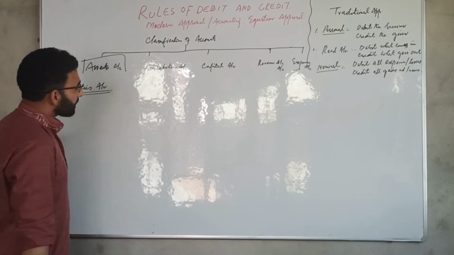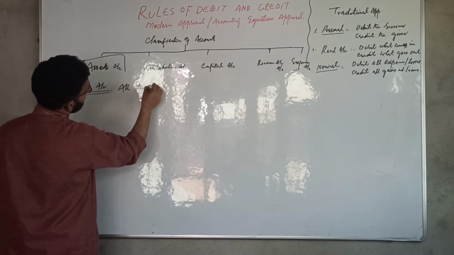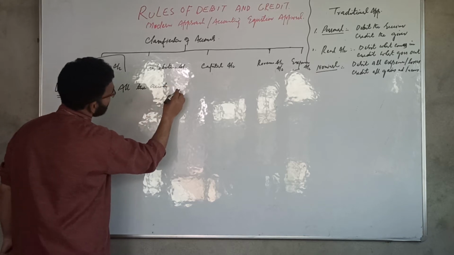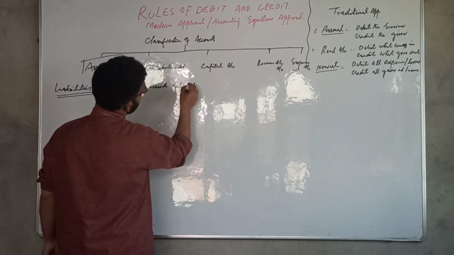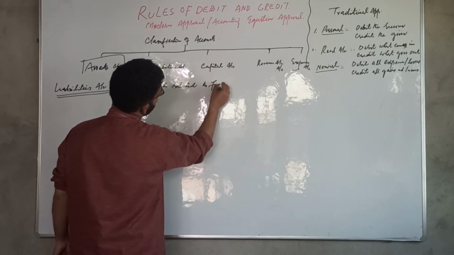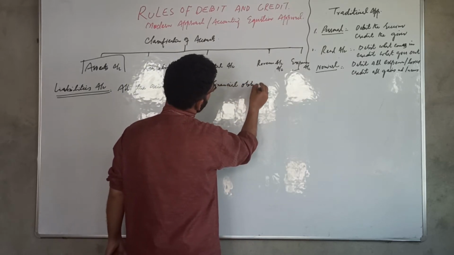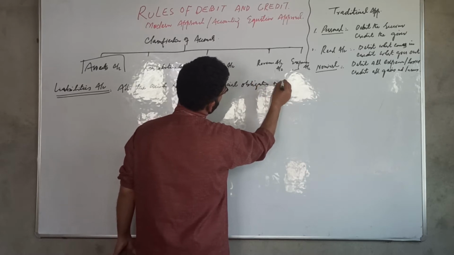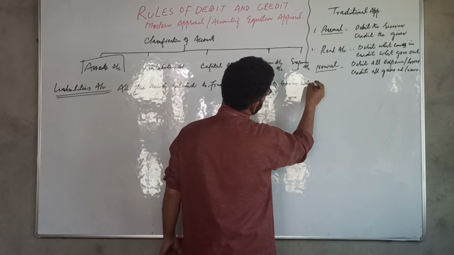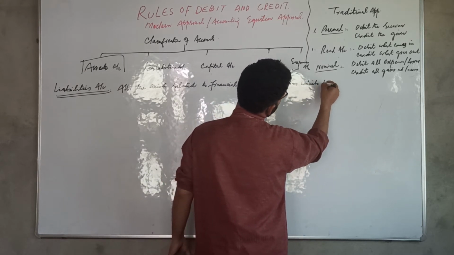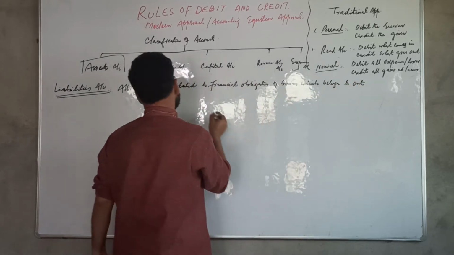So we write here: all the accounts related to financial obligations which belong to outsiders of the business.